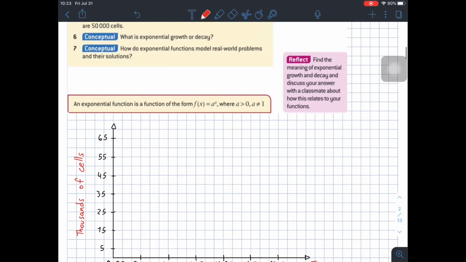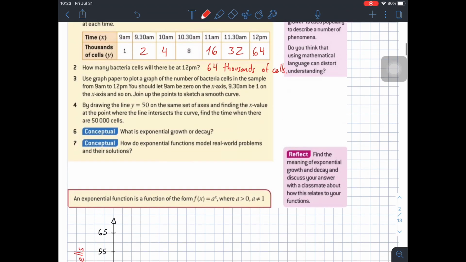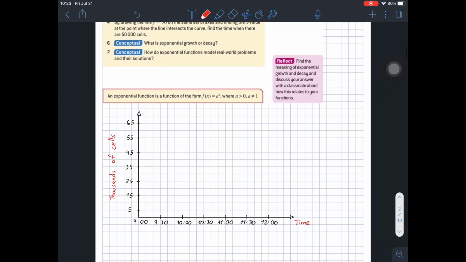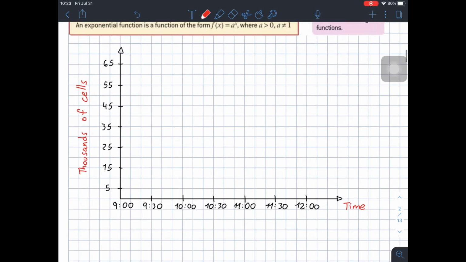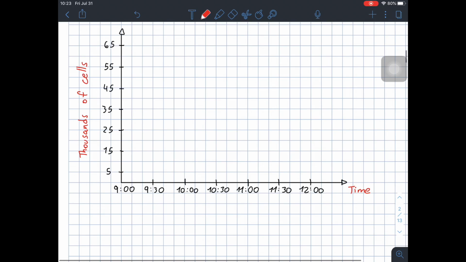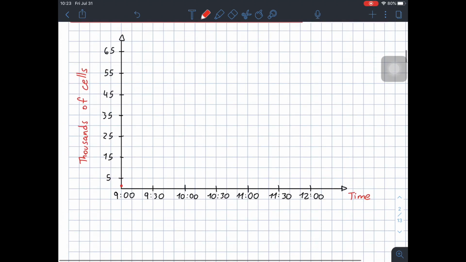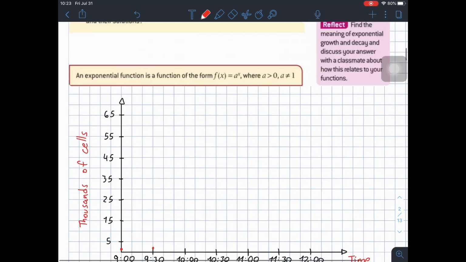Okay, so I'm going to plot the points we just calculated here. Let me see. For 9 a.m. we have 1, so I'm going to plot 1 should be somewhere around here. Then for 9:30 we have 2, that would be a little bit more above the other.